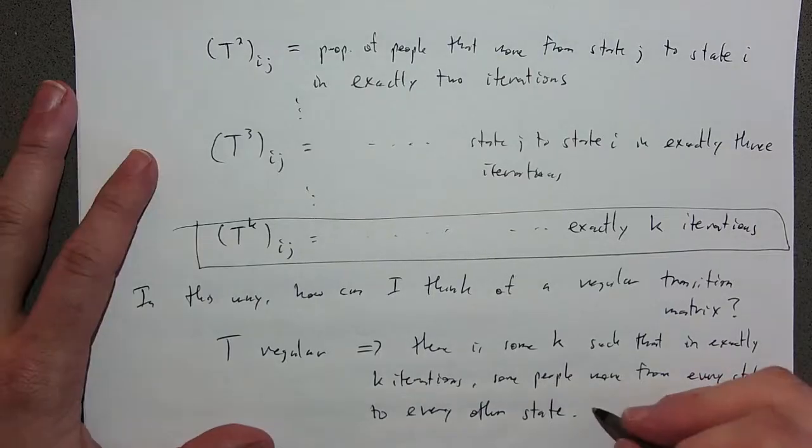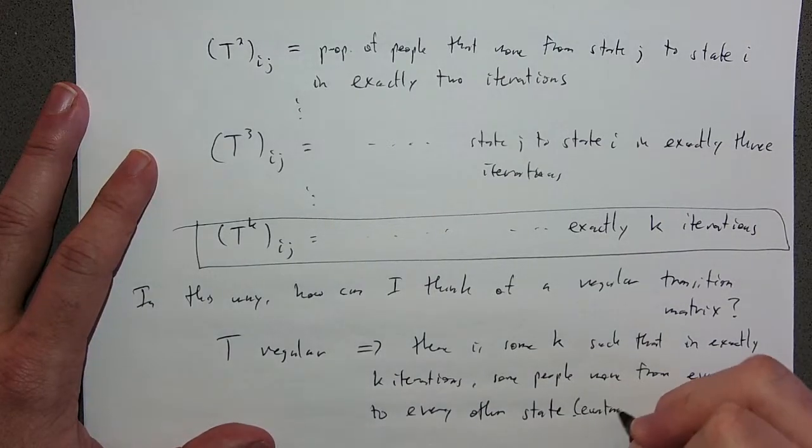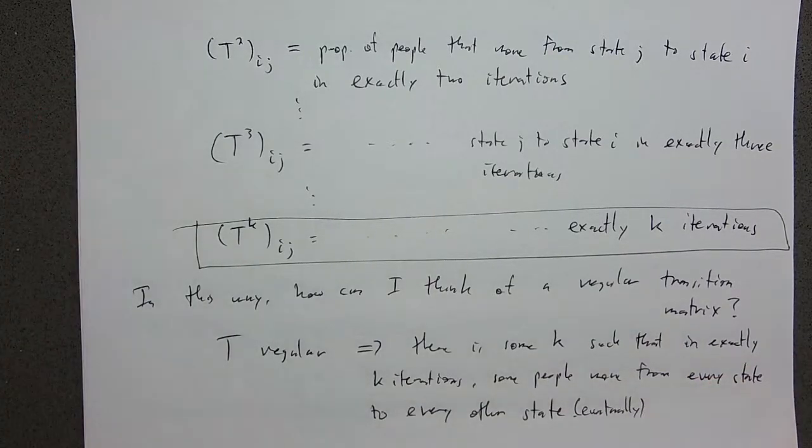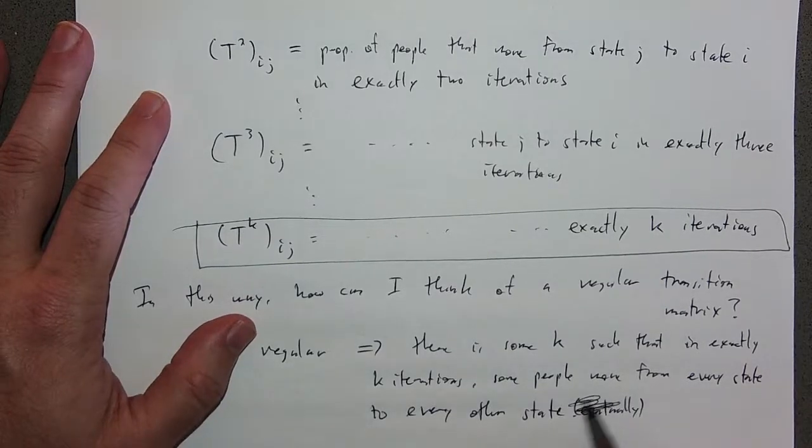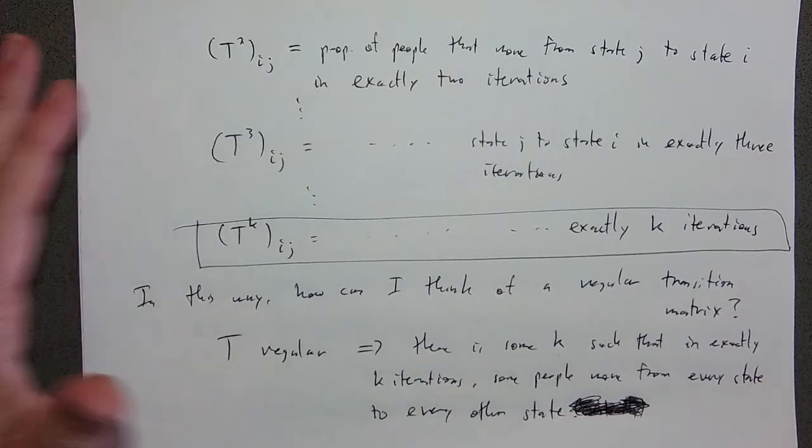You might say eventually, or at this step, right? That's the point. We're just considering this k itself. I could have added that if I had this k.